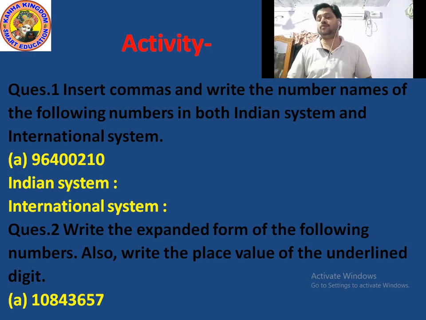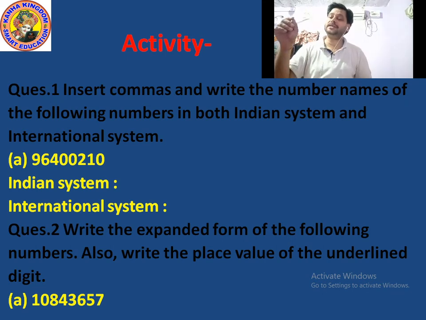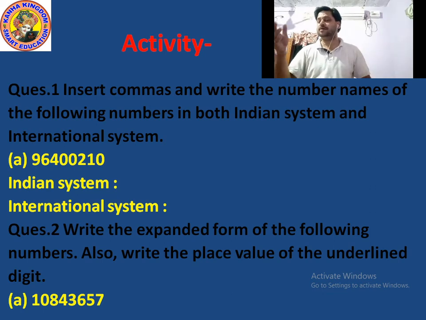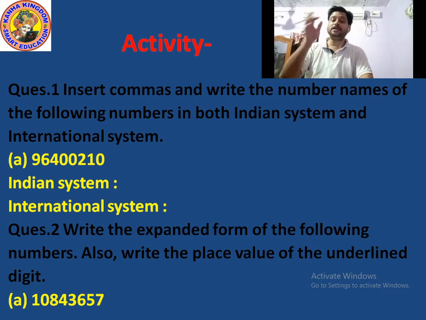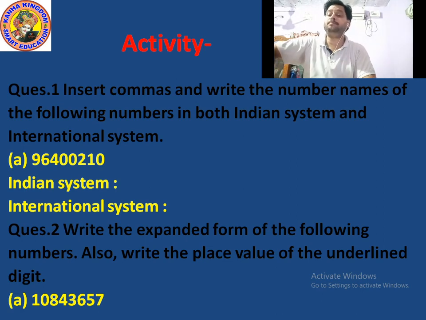Whatever the digit in the tens place, you just write down that digit and 0, plus, and finally the ones place. Whatever the digit in the ones place, you just write that down too. Like this, you expanded the number, and after expanding the number, you have to find out the place value of the underlined digit.